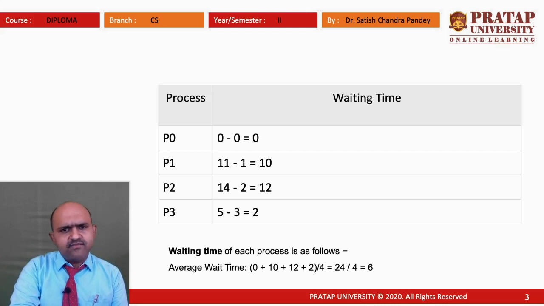This is the waiting time for all processes. Now the average waiting time equals 0 plus 10 plus 12 plus 2, divided by 4. That means 6. It is the average waiting time.